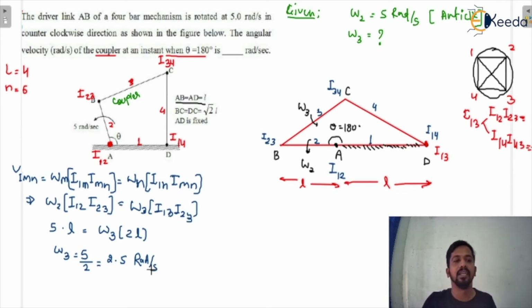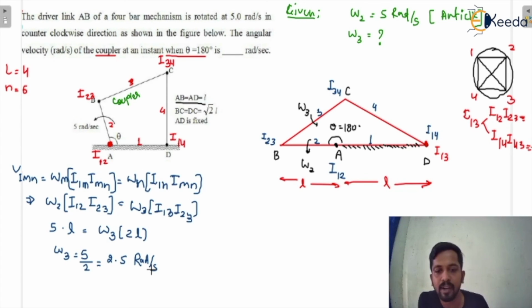Now in the question, they generally ask you the magnitude, so you have to put the value in magnitude. If the question asks you about the direction of omega 3, how can you decide it? I already told you. When the direction of one link is given, how can you find out the direction of the other link?